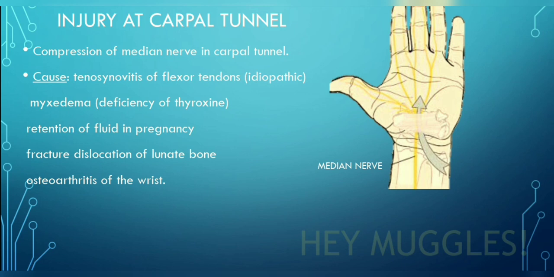It is caused by compression of the median nerve in the carpal tunnel, and it produces a clinical condition known as carpal tunnel syndrome, right? A condition by the same name. Here is your carpal tunnel, and the median nerve passes through it.